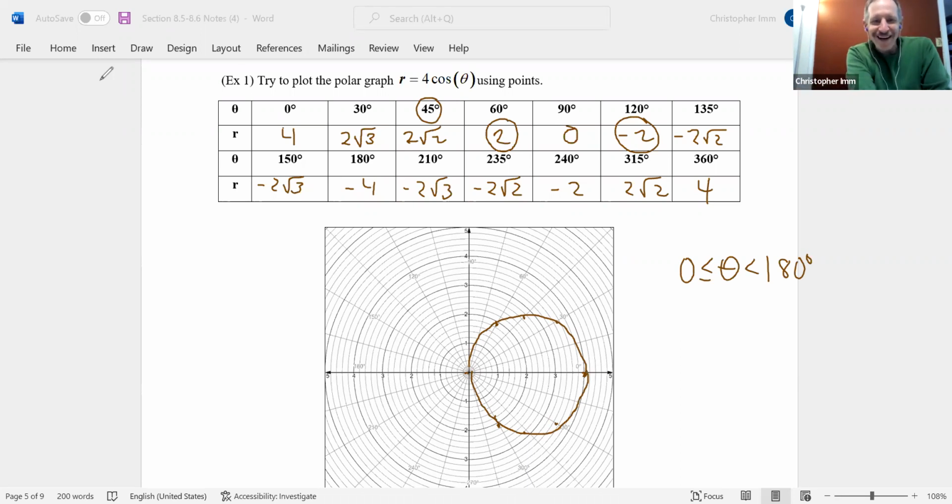And if we kept going, like 210, now we're in quadrant 3, but we flip back to quadrant 1, and then 235 would be around there, 240, 315 would be down here, and 360 we would spin right back to where we started from. So that's just going to be a circle.